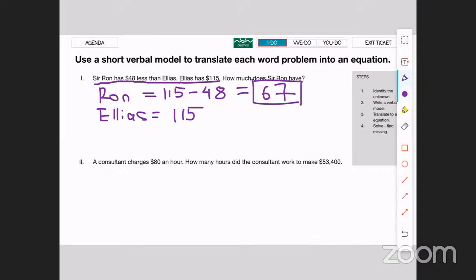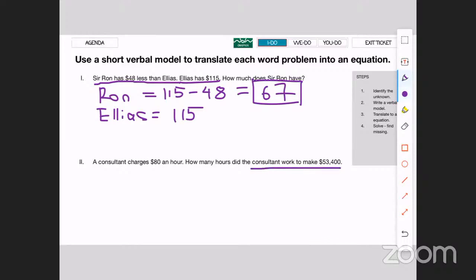So the second problem says the consultant charges $80 an hour. So per hour, the consultant is getting $80. How many hours did the consultant work to make $53,400?